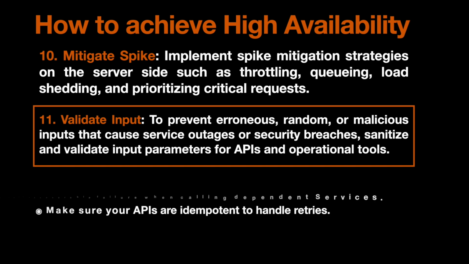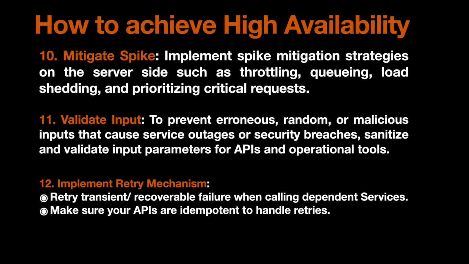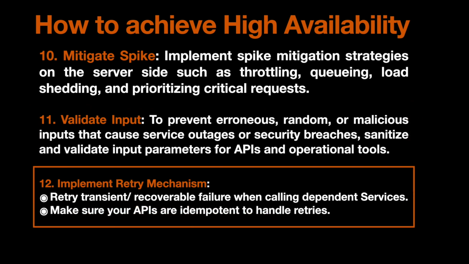Number 12, implement retry mechanism. We might be calling 3 or 4 other different services, and we can experience failure. We should retry the transient or recoverable failures rather than just failing the first time.